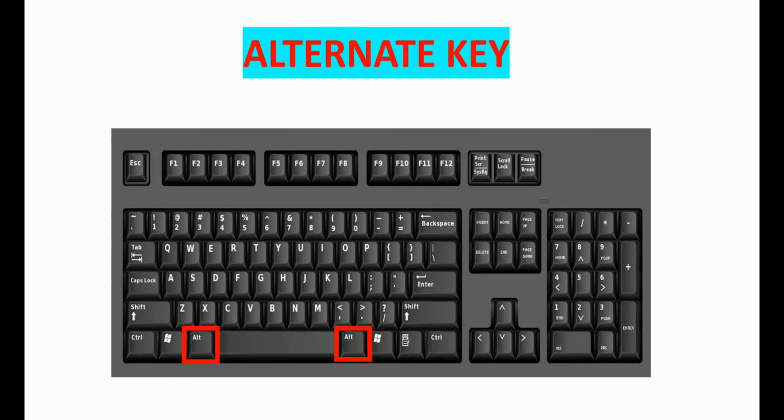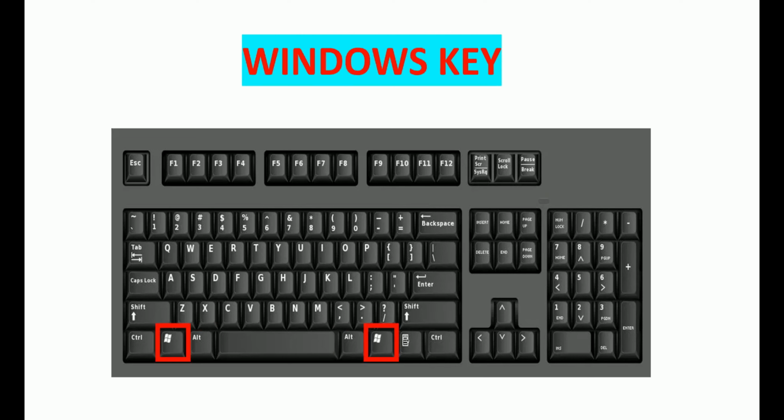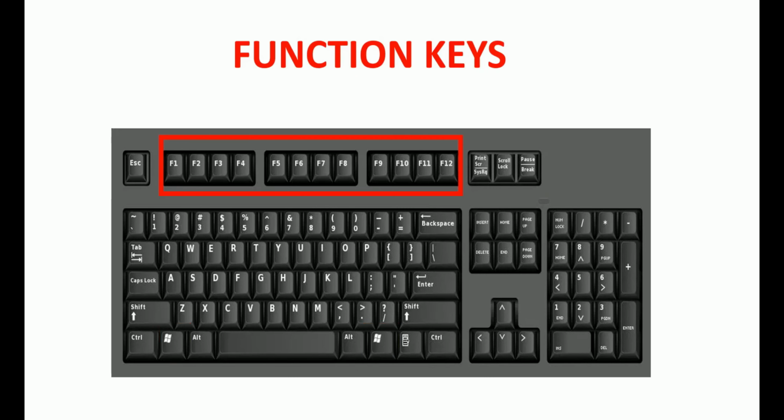The Alternate key also works in combination with other keys, as menu command shortcuts. The Windows key can be used in combination with other keys, to do various things on the desktop. Function keys. A function key is a key on the computer keyboard, which causes an operating system to perform certain actions. The function keys are arranged at the top of your keyboard, numbered from F1 to F12.